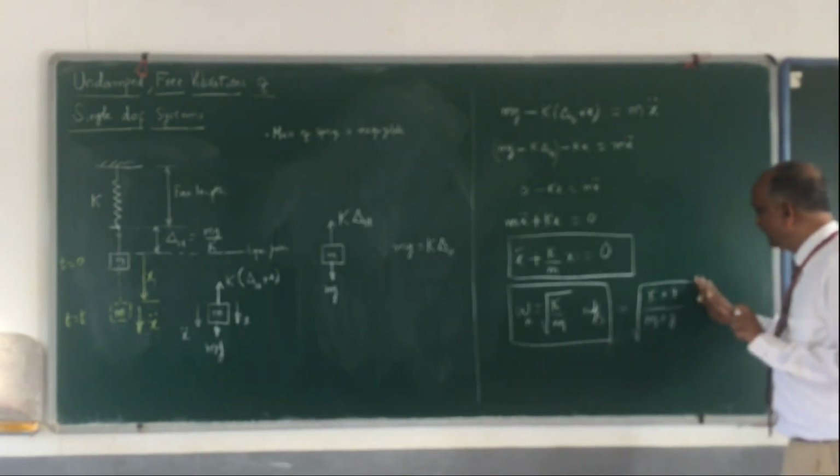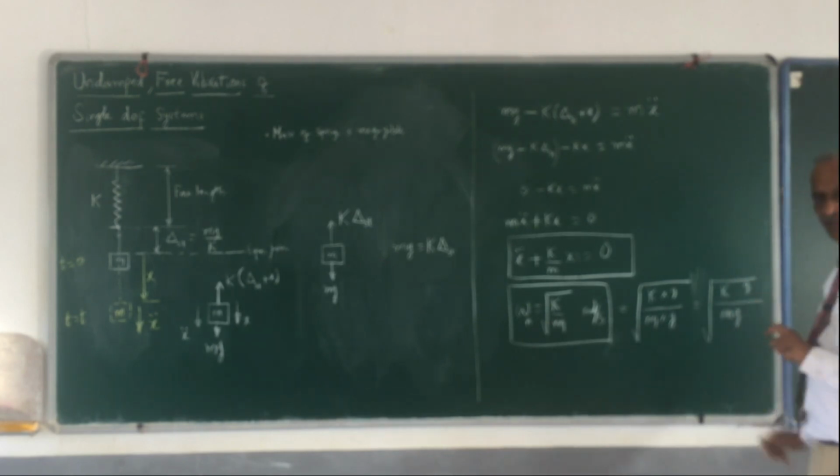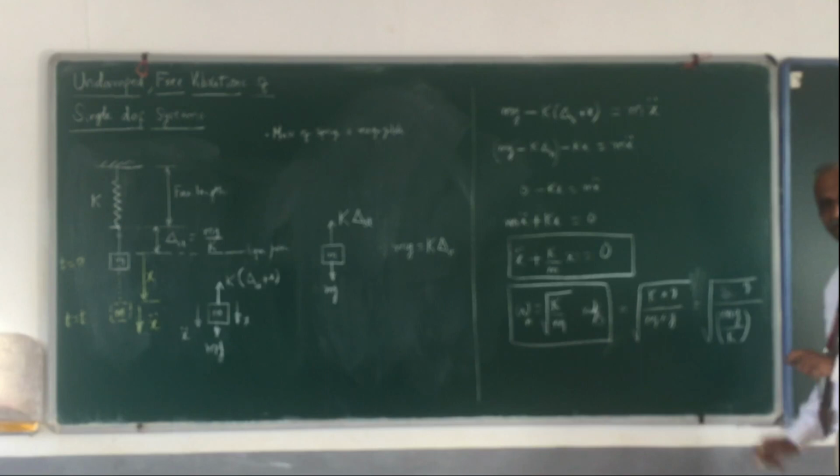So one more manipulation here: I shall write k into g as it is, divided by mg. Or this k I shall take to the denominator.